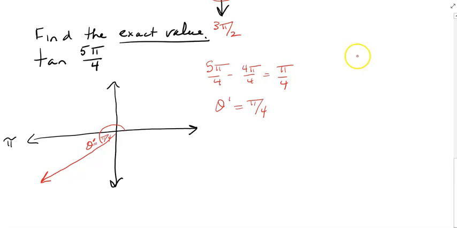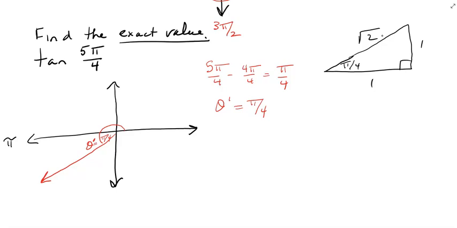Well, pi over 4. We know something about angles that are pi over 4. Remember these triangles I told you to remember? The pi over 4 triangle looked like this. We're going to use that. You're going to take where the terminal side of that angle is. That is going to become your hypotenuse. Drop a perpendicular line, a right angle to the x-axis.